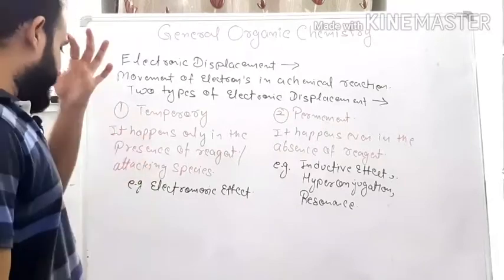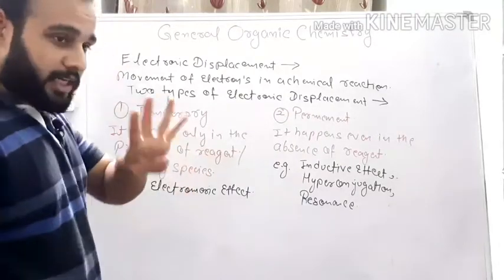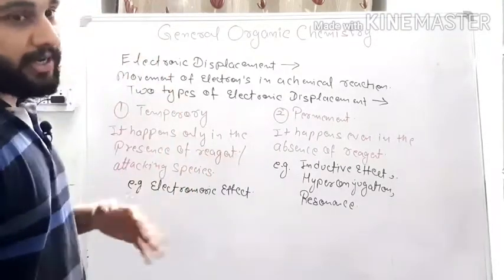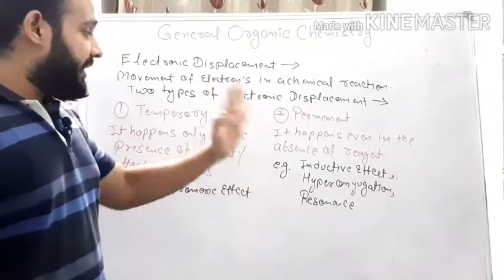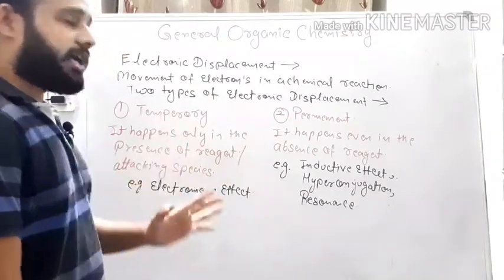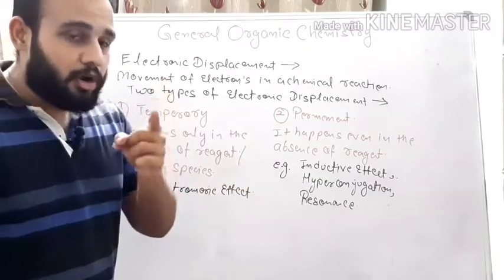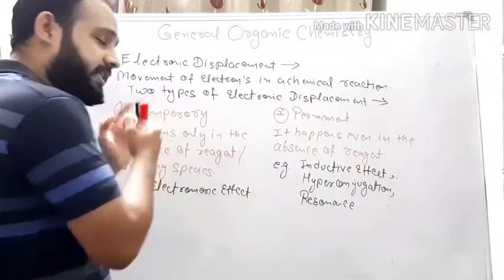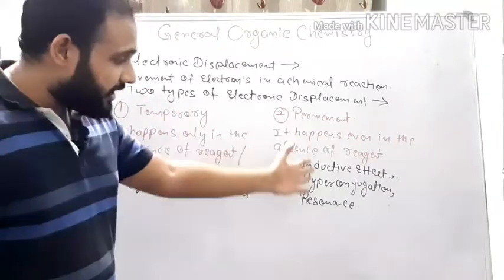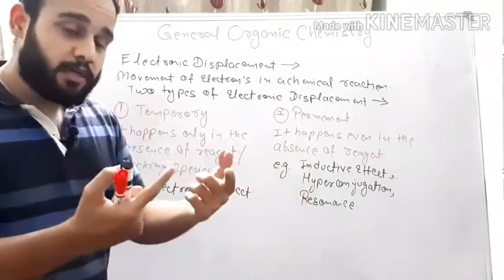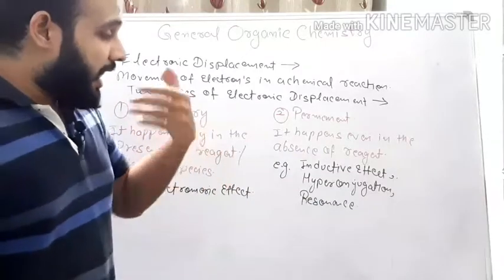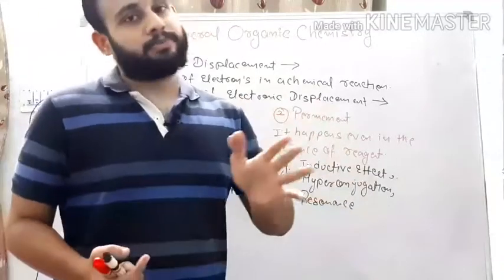So basically you have four electronic effects in organic chemistry: inductive, hyperconjugation, resonance and the electromeric effect, out of which the electromeric effect is a temporary effect. It only happens in the presence of a reagent or attacking species, while the others happen whether the reagent is present or absent.